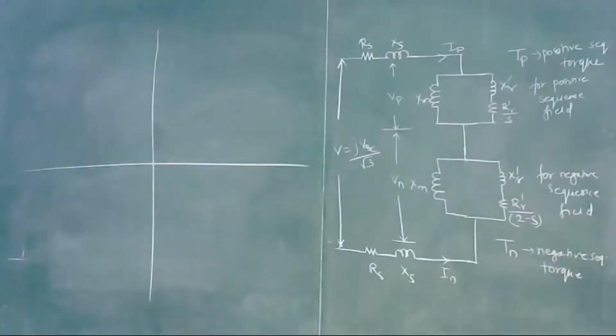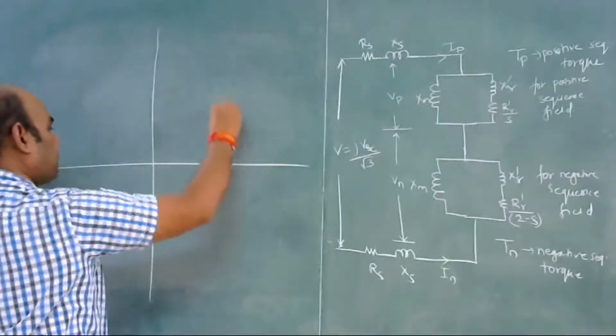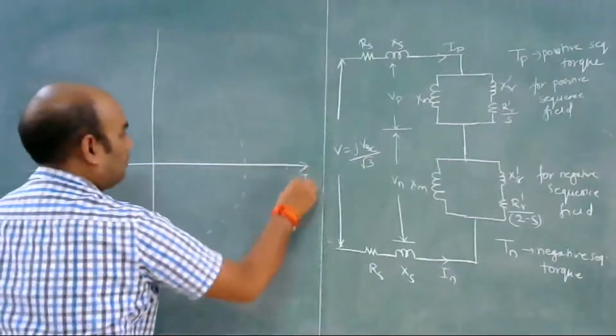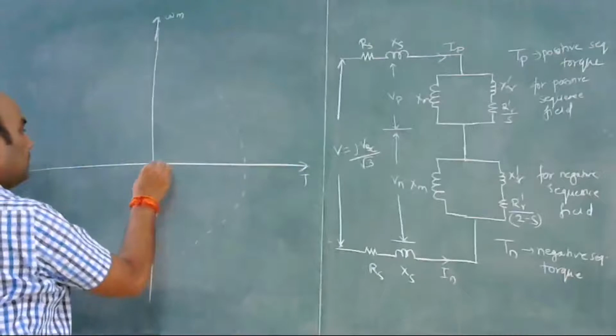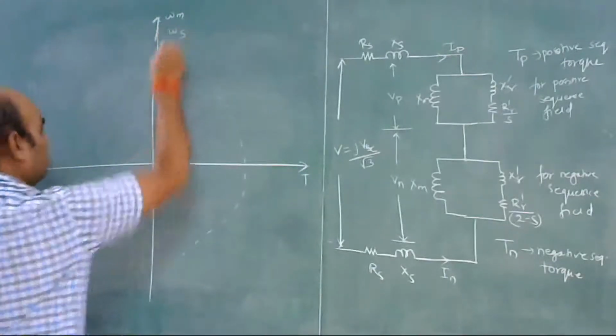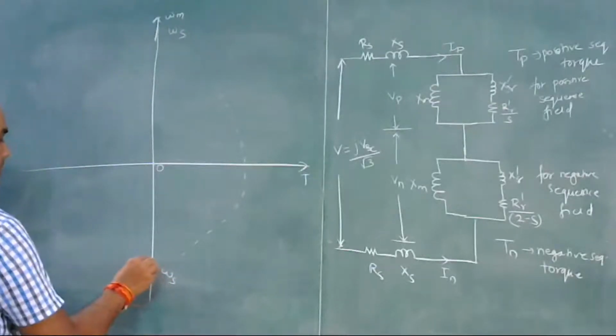So this will be the torque speed characteristics under AC dynamic braking. This is omega s, this is minus omega s.